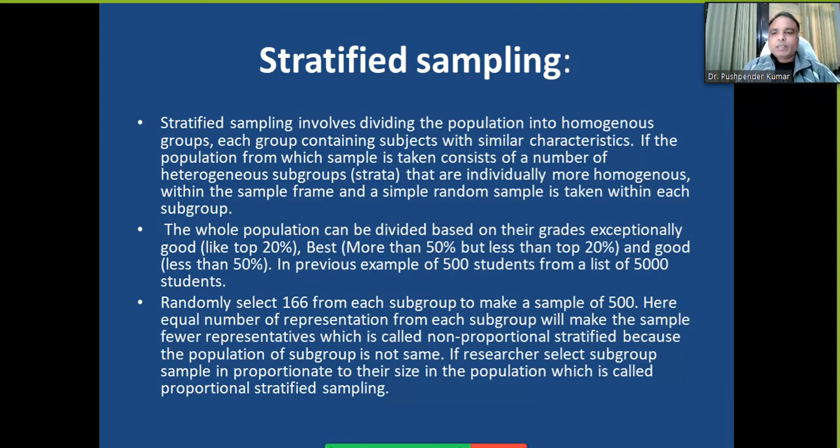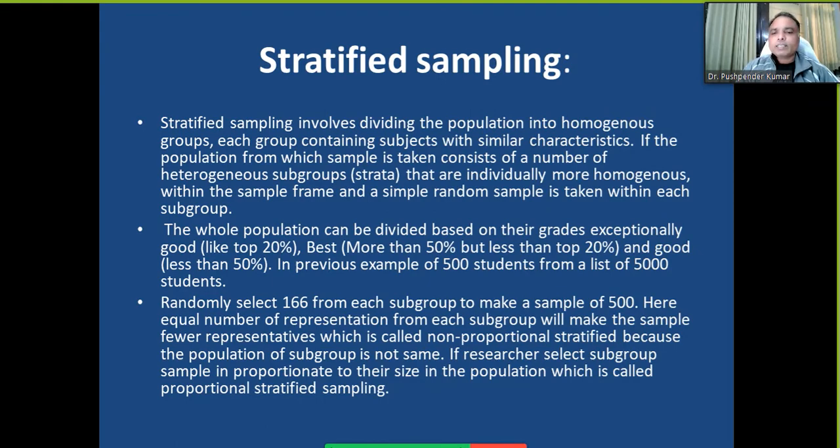Here, an equal number of representations from each subgroup will make the sample less representative, which is called non-proportional stratified sampling. Generally, we collect information proportionately so that we have equal representation.